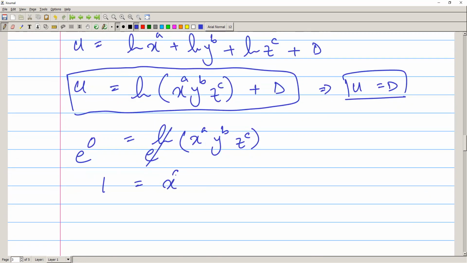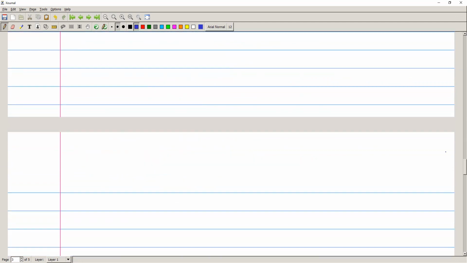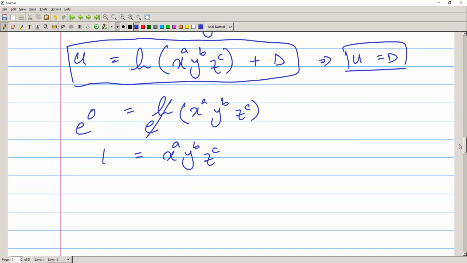So this will be x power a, y power b, z power c is equal to 1. Or you can write it explicitly for z like this. This implies that z power c is equal to 1 over x power a, y power b.